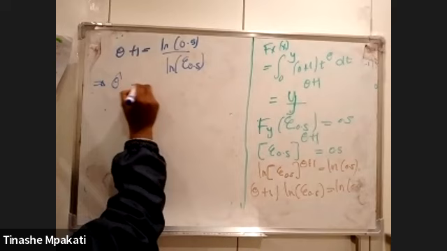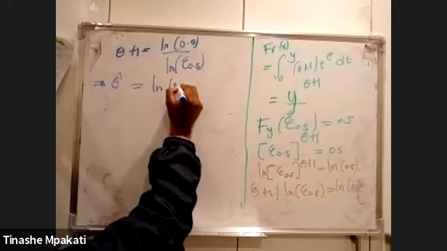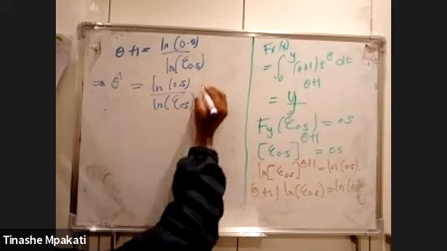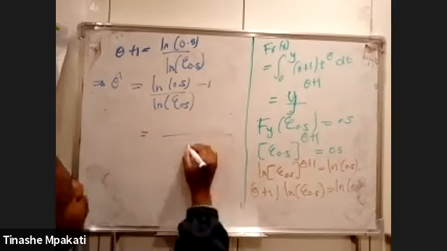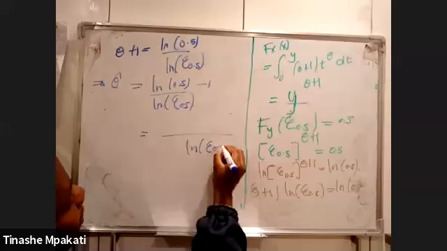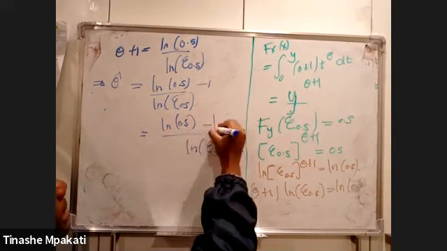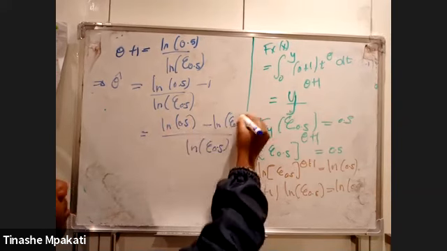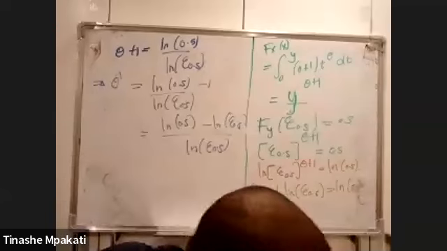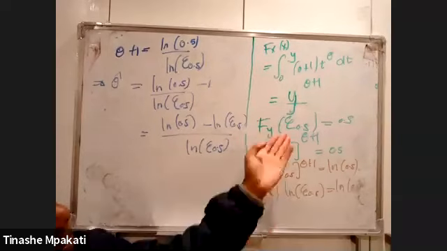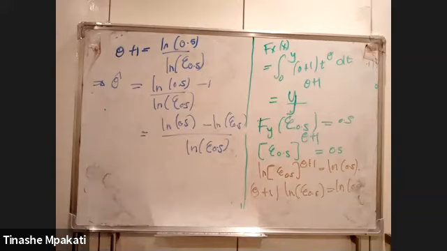Therefore, my estimator is simply equal to ln 0.5 over ln of that quantile, minus 1, which is equal to ln 0.5 minus ln of that quantile, all over ln of that quantile. Again, this is just one of those methods that is not difficult. Finding your CDF, you substitute that there, and then you end up getting your answer.